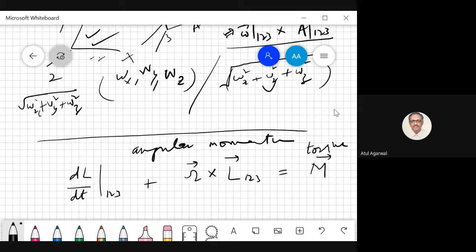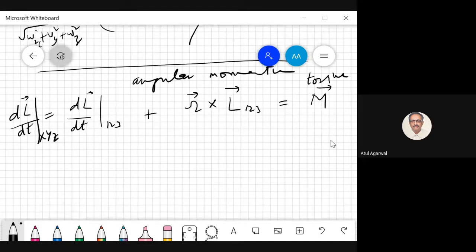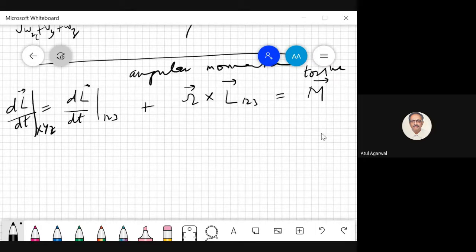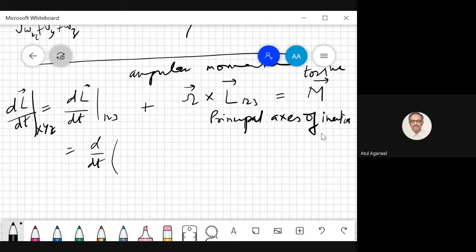So torque is equal to dL/dt in the capital XYZ system, which is dL/dt in the 1, 2, 3 system plus this. L is equal to I omega. Now if you have the principal axes of inertia, you take the rotating system as the principal axes.